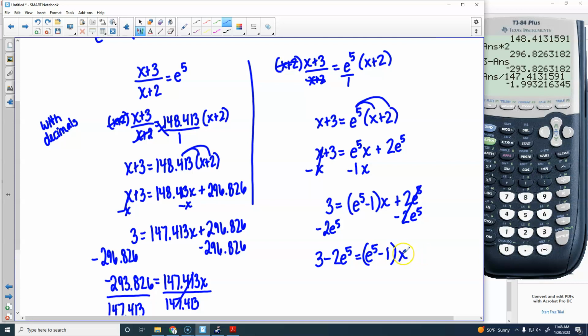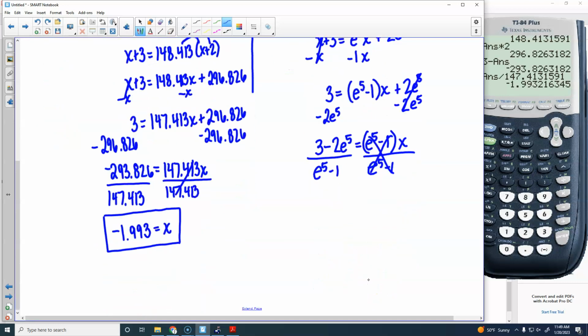And then I want to get that x by itself. This stuff is multiplied by the x, so I'm going to divide by e to the fifth minus 1. So you get x equals (3 minus 2e to the fifth) over (e to the fifth minus 1).